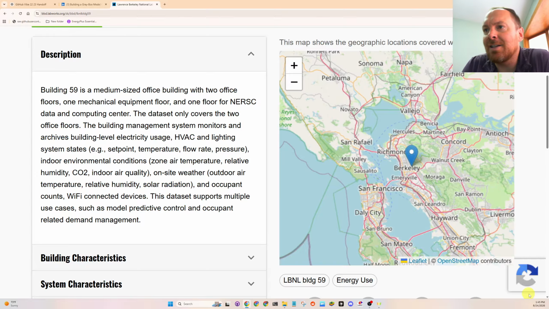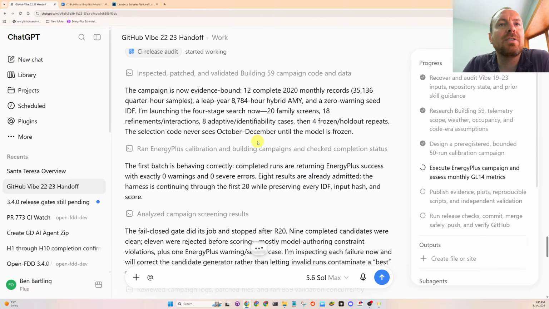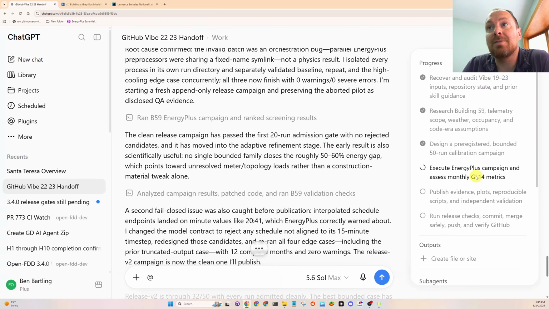23, and it's hardly a Monday, and ChatGPT is already going nuts on calibrating a guideline 14 physics model just off of lessons learned from prior experimentation. So this is, to me, a whole other order of magnitude even faster than what we've been doing.